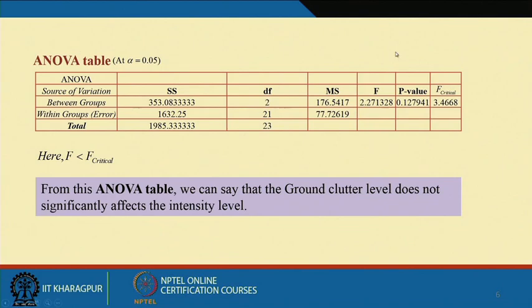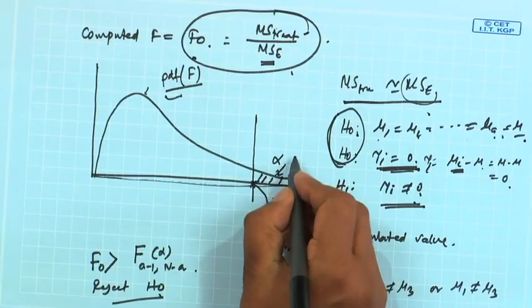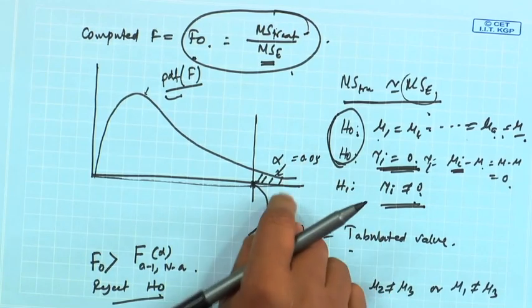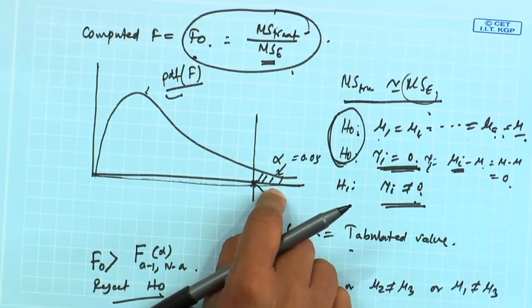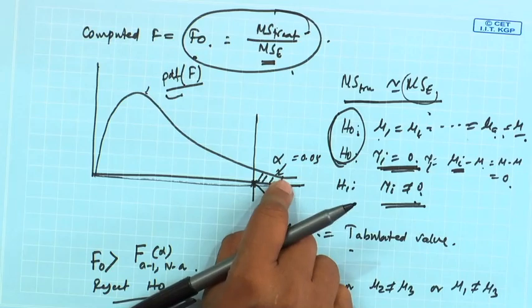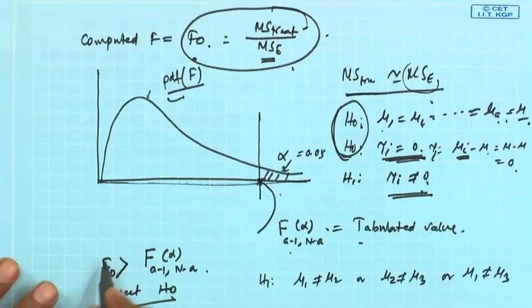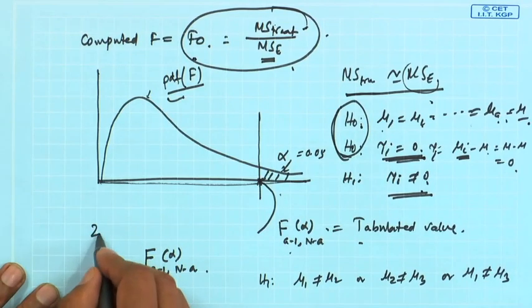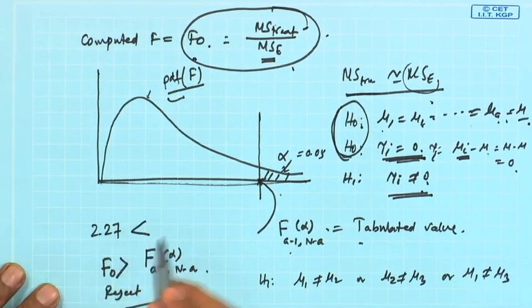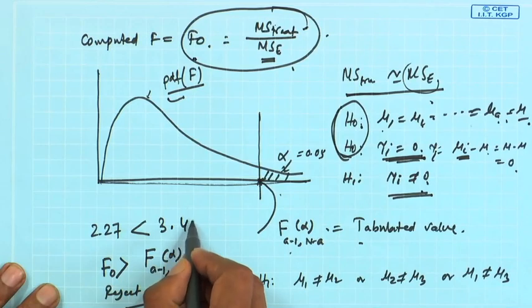Now, using the ANOVA table, we found that the F value is 2.27, and if I consider alpha equal to 0.05, that means 5% error is considered, type 1 error is 0.05, then the tabulated F value is 3.46. So the computed F value is 2.27, which is less than the tabulated F value.